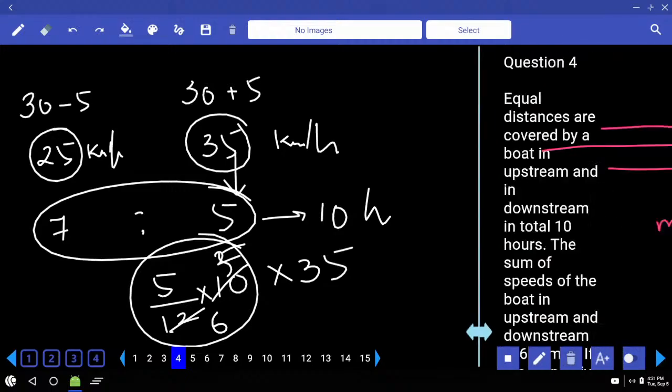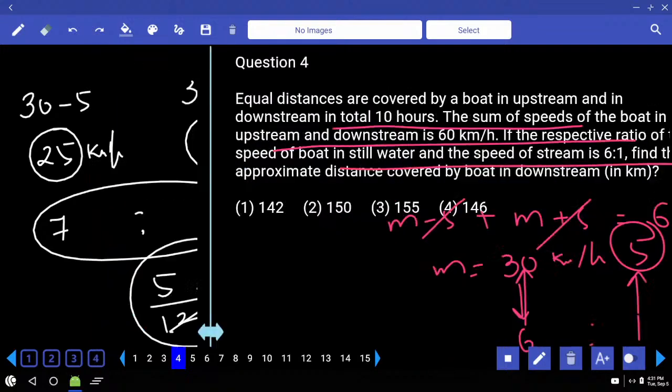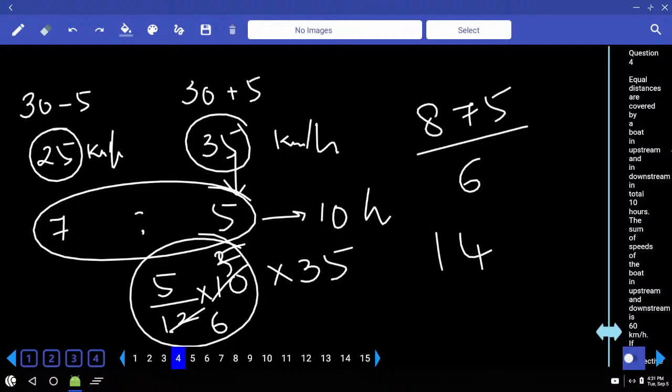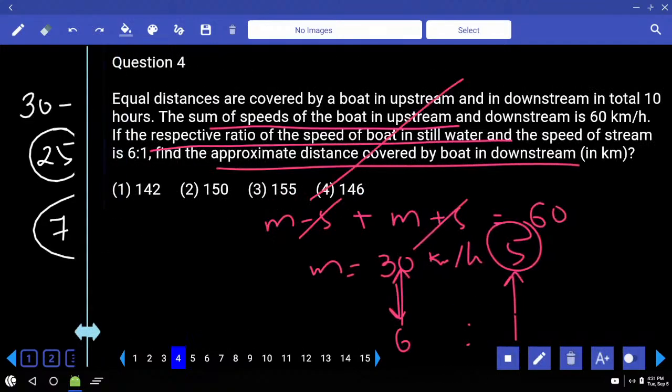Approximately, if you observe the options, 35 into 25 is 875, and 36 into 25 is 900. So 875 divided by 6 will give 145.8, approximately 146. So 146 should be the answer. Option 4 is the correct answer.